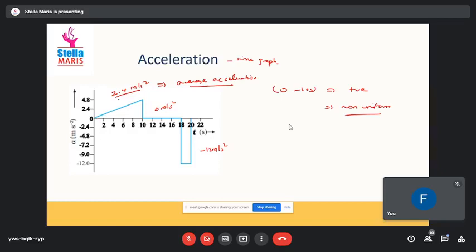The acceleration we have found out is 2.4 meter per second squared, but it is going beyond 2.4. Why is it like this? Anybody can give me a reason why it is beyond 2.4? Can anybody explain?